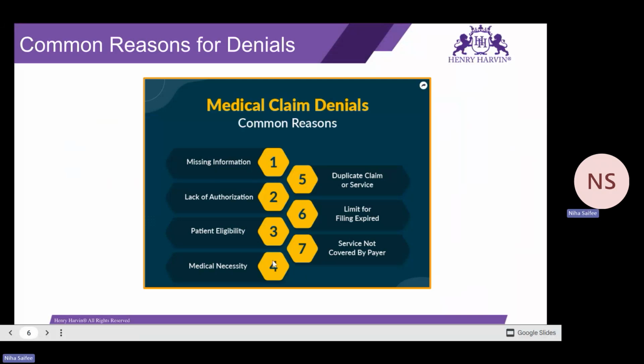Medical necessity. Sometimes the patient does not require treatment, but the physician has written the treatment. Again, it could be a malicious intention to get a higher reimbursement. Whenever some procedure, investigation or treatment is documented, you need to understand whether it is correlating with the signs and symptoms or with the patient history.